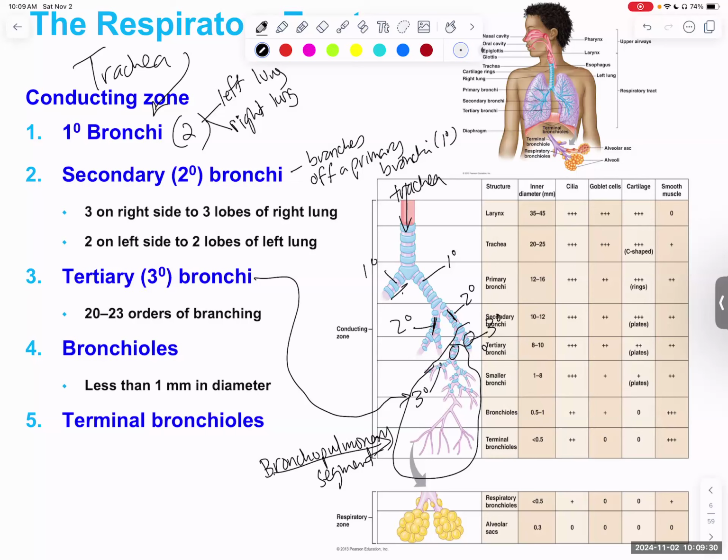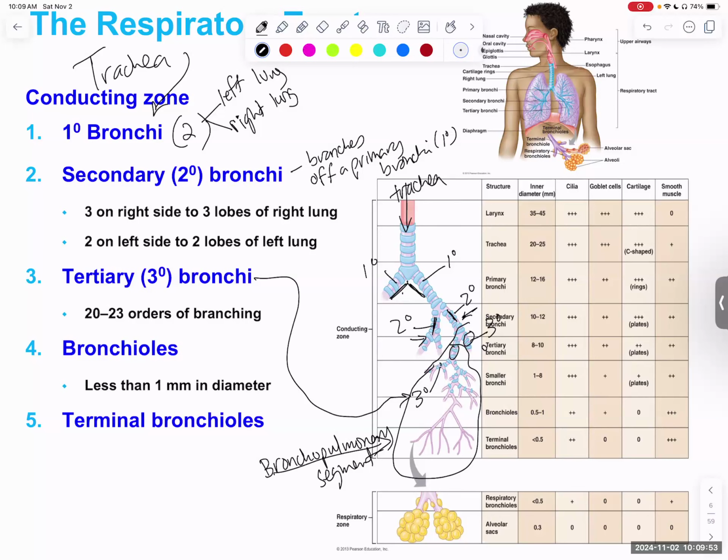So this would be the courtyard here. Then you walk through the hallway, and there might be 2 different sides to the left side of the building. Then you get to, so that would be the secondary. And then you get to the different apartment doors in that secondary building.